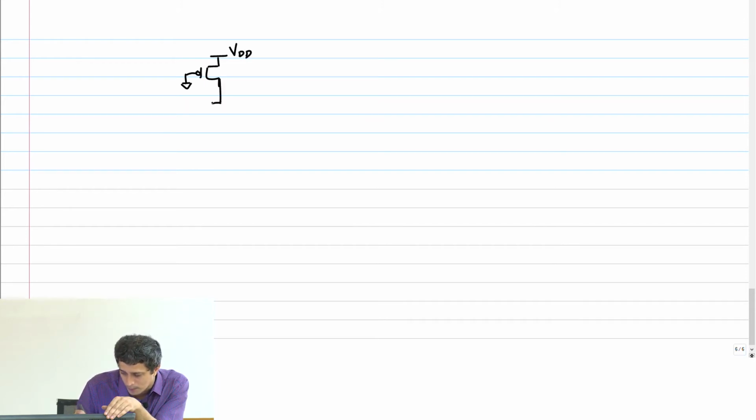Okay. So now I can take this logic further and say, let's say I want a NAND 2 gate in pseudo NMOS.